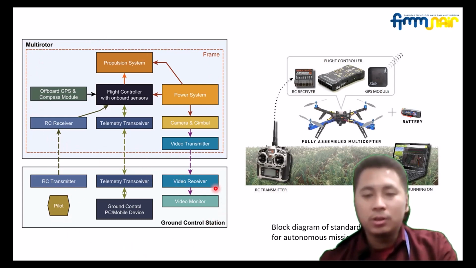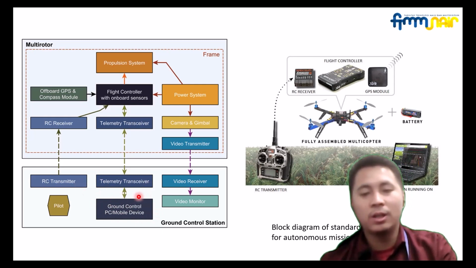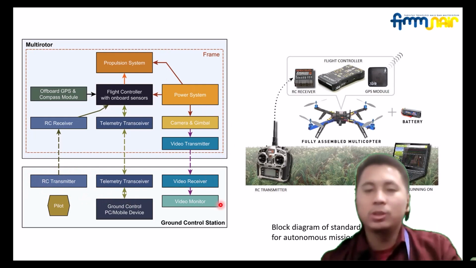The ground control station has a video receiver, video monitor, and maybe a ground control with a PC or mobile device connected to a telemetry transceiver, and you use an RC transmitter as well. So this is the environment in which the multi-rotor works.